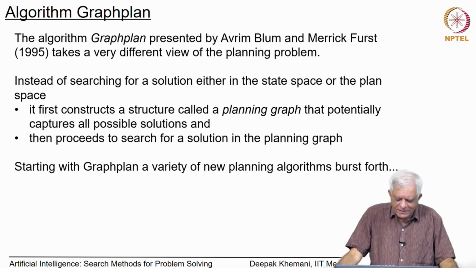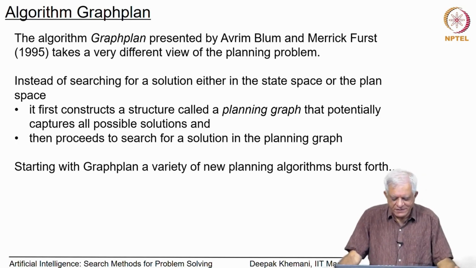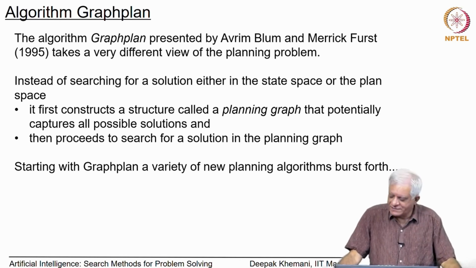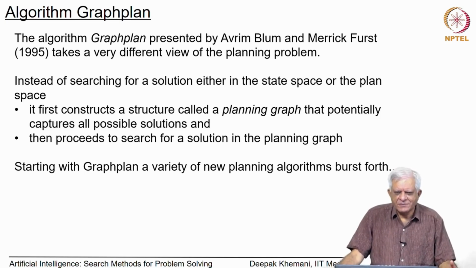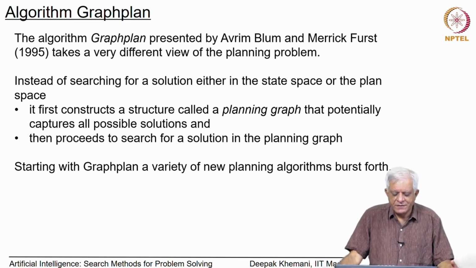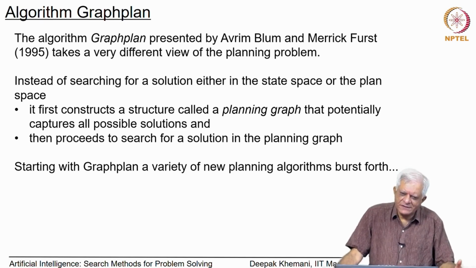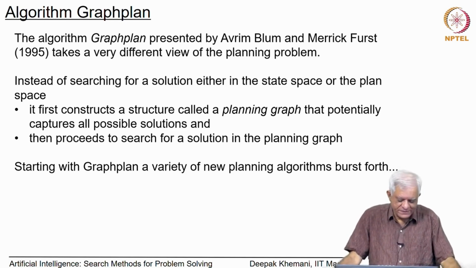Now, starting with graph plan, many new planning algorithms came in the mid 90s and early part of this century, and planning, as I have said, has become richer in the sense that with these better algorithms, people have started addressing richer domains. For example, temporal planning, metric planning, soft constraints, the issues that we considered, but we will study graph plan only in the context of strips planning.